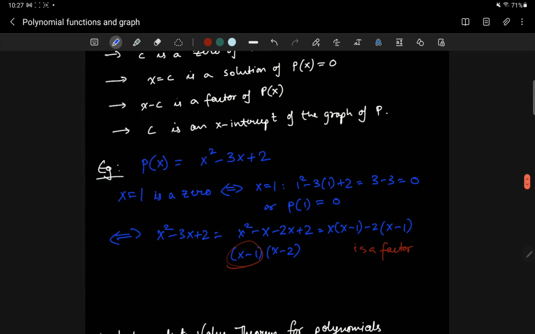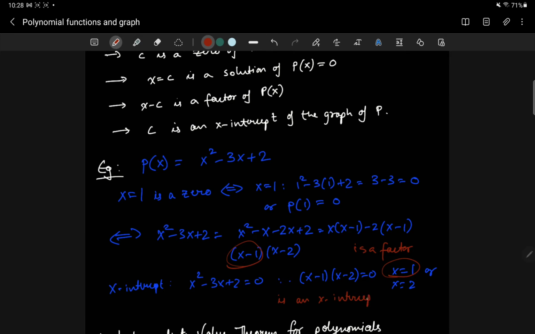And lastly, if I plot this, finding the x-intercept means we set this equal to 0. But from factoring, we know that this is actually (x minus 1)(x minus 2) equal to 0, giving me x equals 1 or x equals 2. And so, in fact, 1 is an x-intercept.